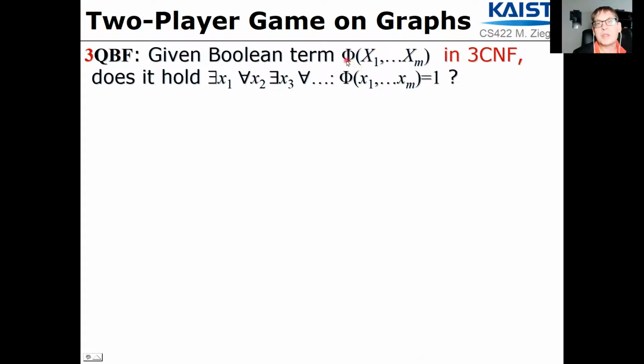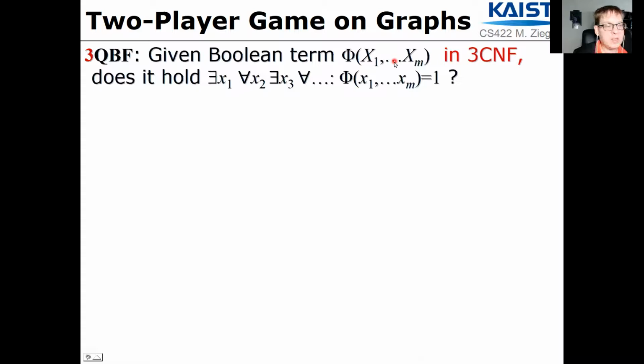Now we consider a Boolean expression in a special form, a 3 conjunctive normal form, that is a conjunction of disjunctions, where each clause has at most 3 literals, that is variables or negated variables.